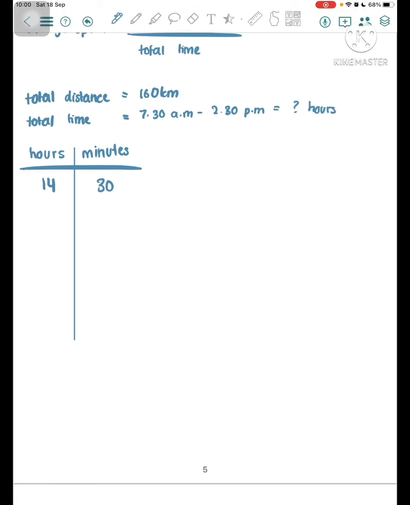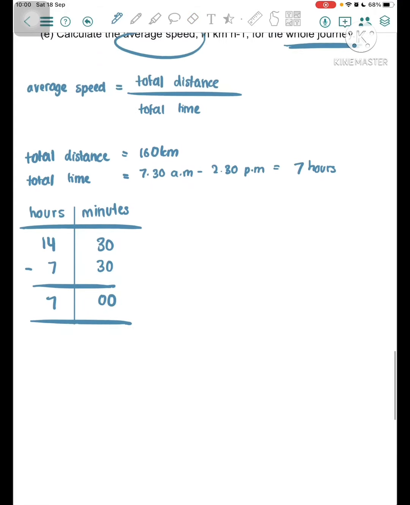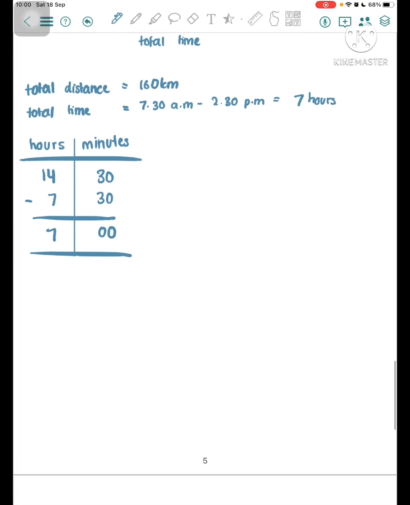And 7:30 a.m. in 24 hours is 7 hours and 30 minutes. So 30 minutes minus 30 minutes is 0 minutes. 14 hours minus 7 hours is 7 hours. So this is the answer for total time. Total time is equals to 7 hours. So we put it in the formula.